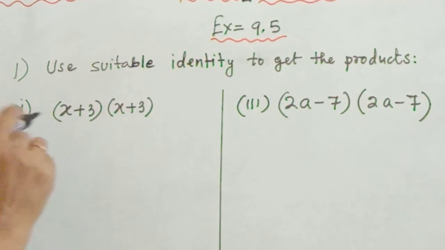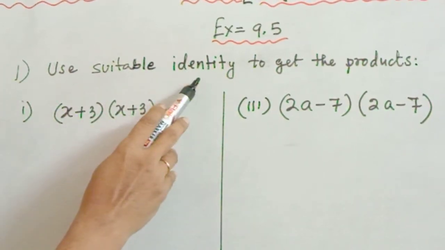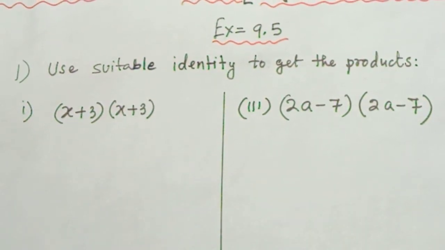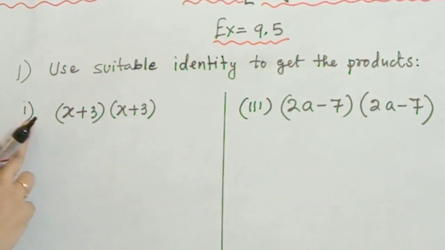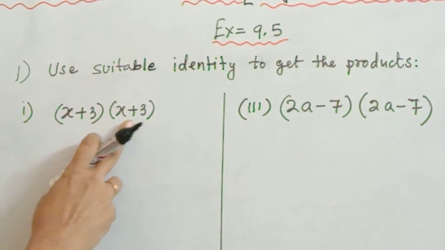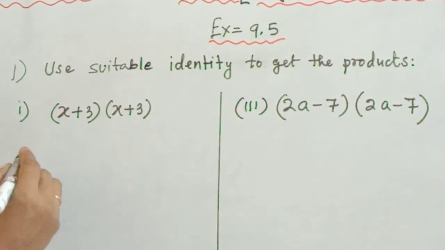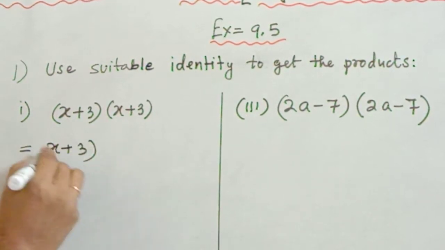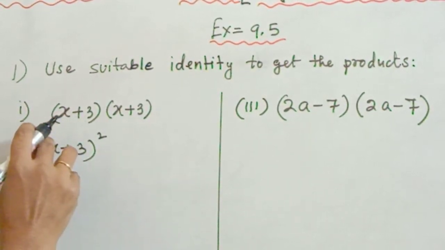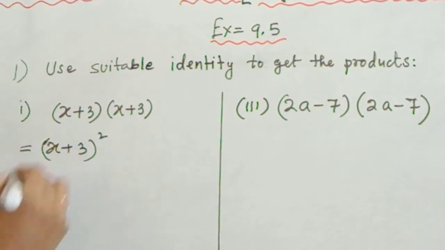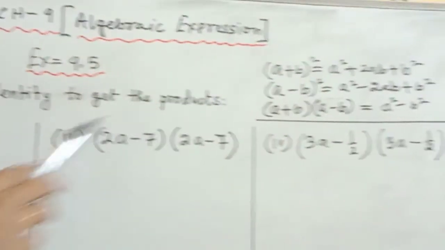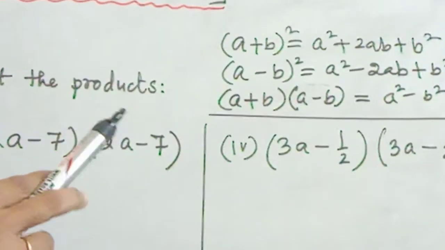Question number 1. Use suitable identity to get the products of the following sums. Question number 1, X plus 3 into X plus 3. You can write easily, it is X plus 3, as it is coming 2 times, so you can write X plus 3 whole square. And you know the identity of A plus B whole square.